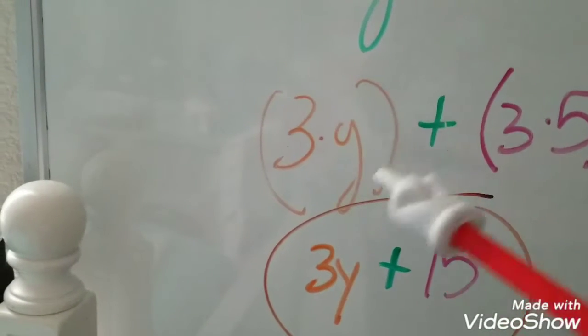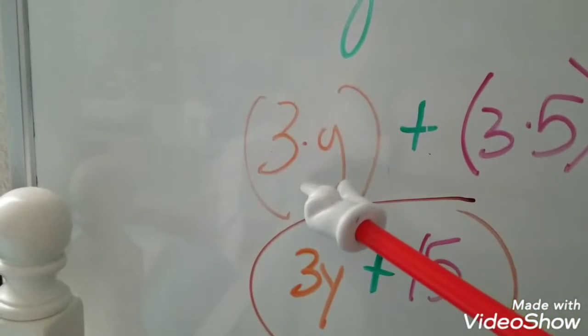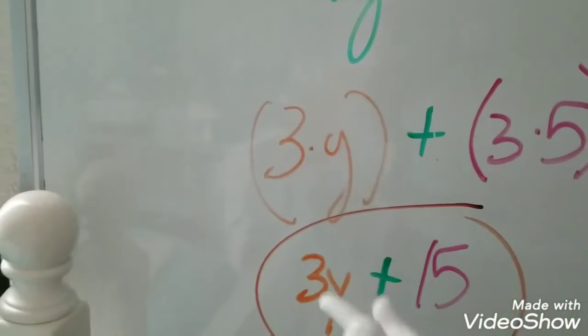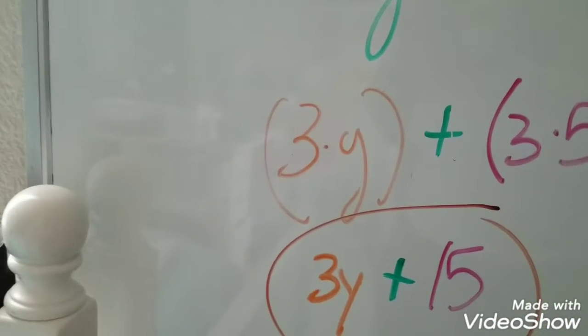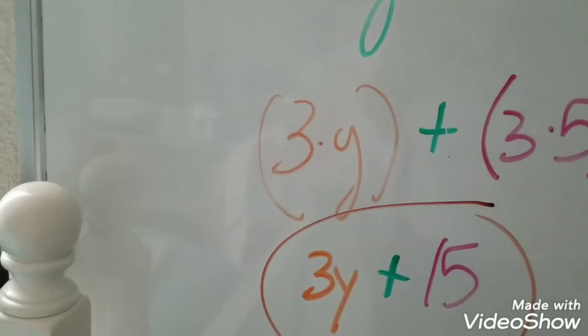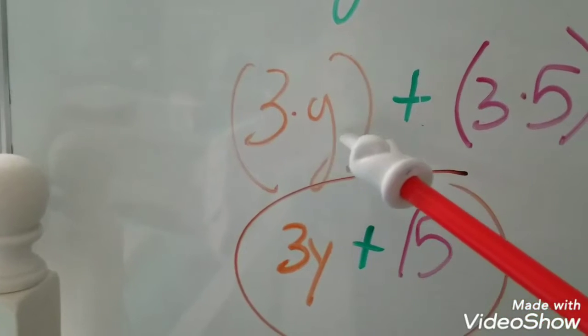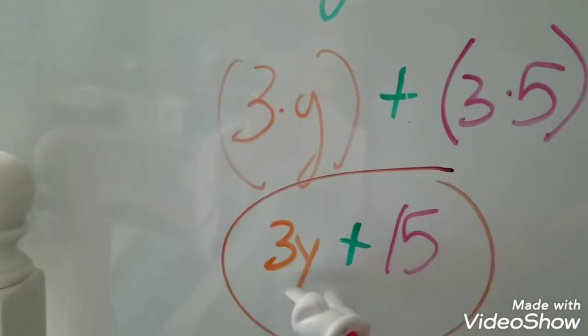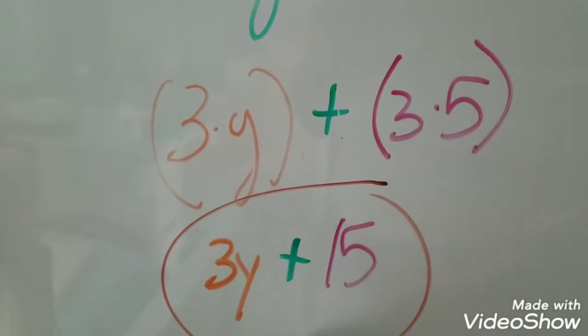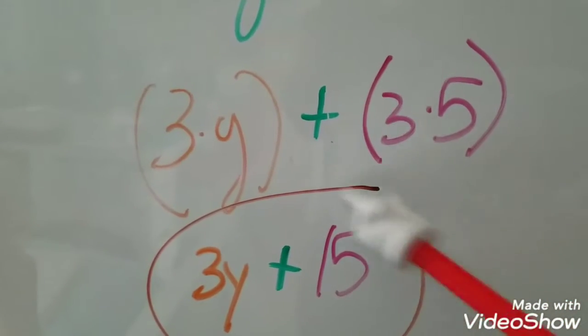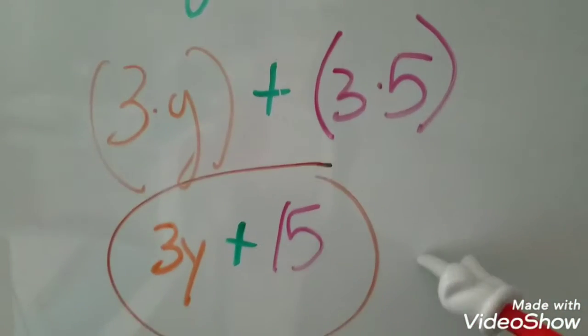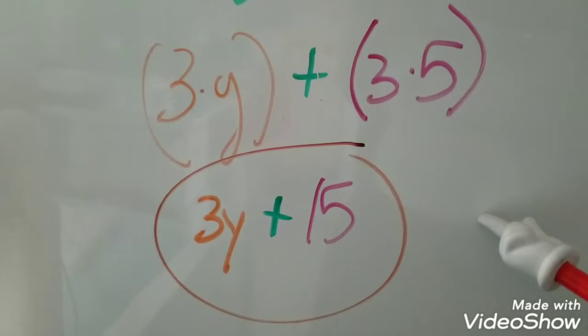So 3 times y is 3y. Remember, don't let the variable scare you, because when you have a dot between two numbers, integers, or a variable, all it means is to multiply. So 3y plus, bring down our sign, 3 times 5 is 15. So this is the simplest way that we can solve this problem.